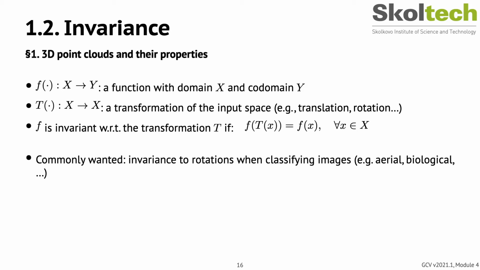We will consider more elaborate transformations later. f is said to be invariant with respect to a transformation t if the following relation holds for all members of the input space x. Specifically, f of t of x should be equal to f of x. Invariance is commonly wanted in classification tasks, such as invariance to rotations, as mentioned previously.